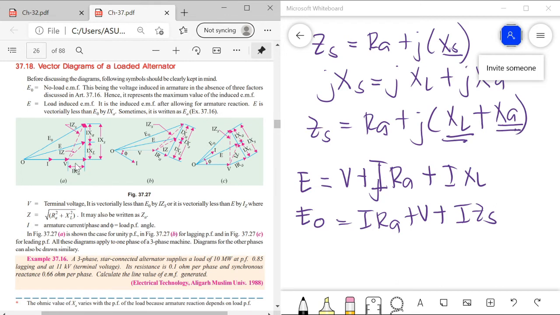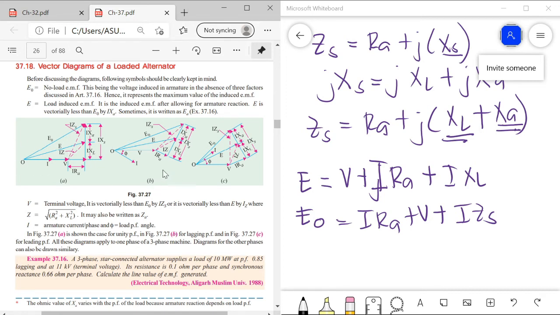Okay? So you can see that IZ is equal to IRA plus IXL. IZS is equal to the sum of IRA plus IXS. So, just follow the vector diagram here.